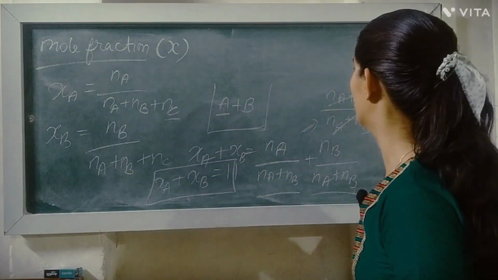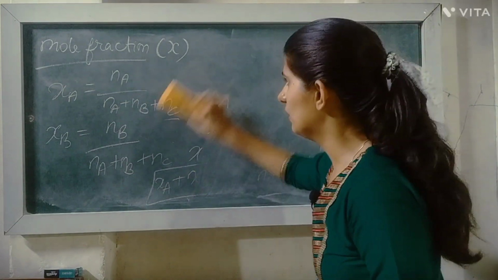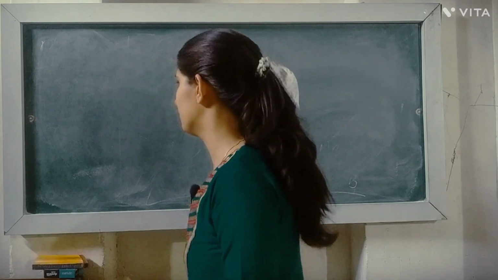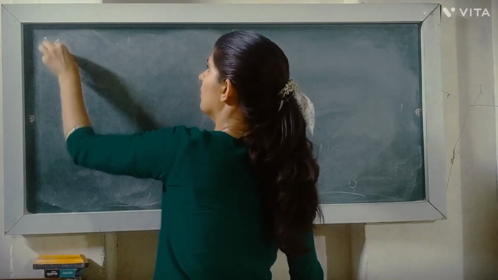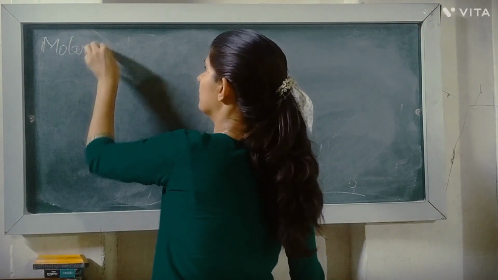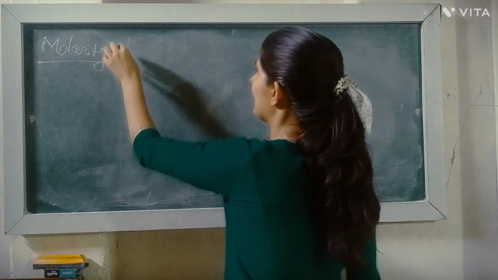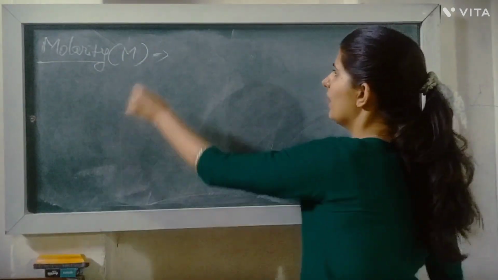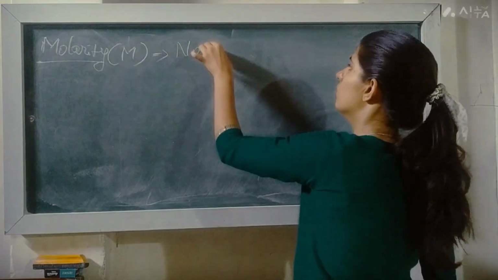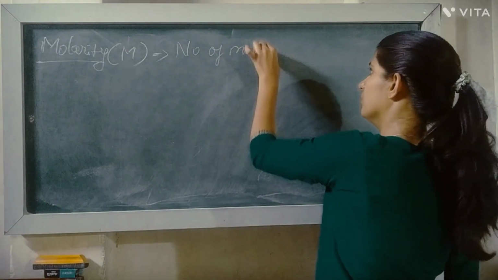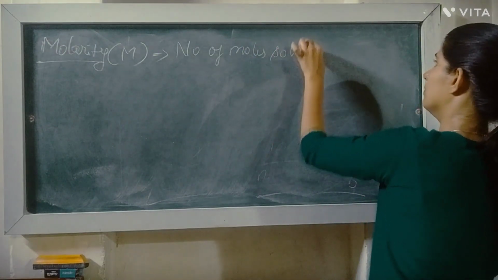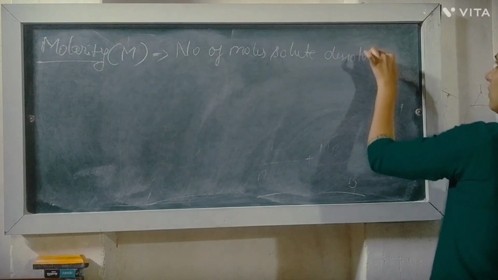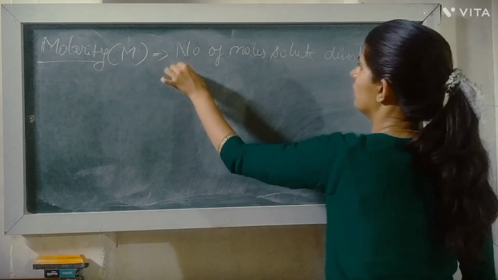Then we'll move on to the concentration term, that is molarity. Molarity is denoted by capital M. Molarity is the number of moles of solute dissolved in 1 liter of solution.